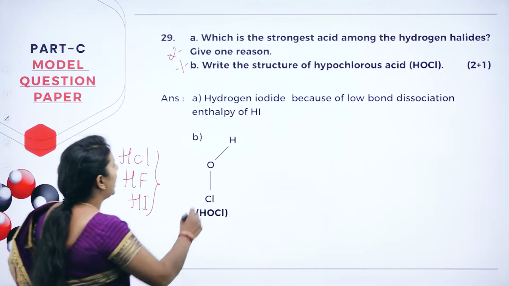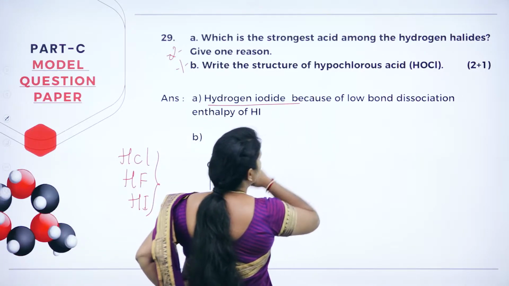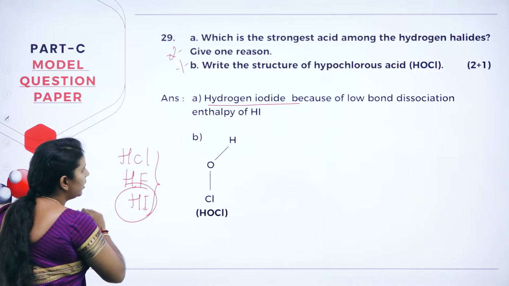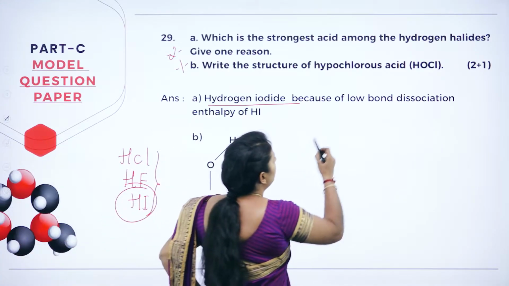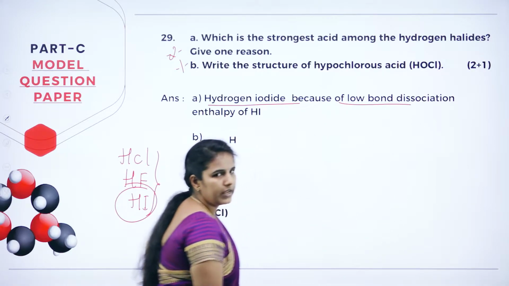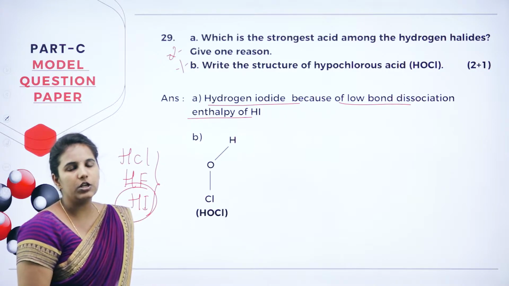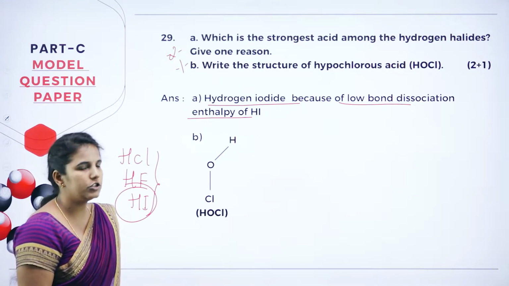Here, hydrogen iodide is the strongest hydrogen halide because of the low bond dissociation enthalpy of hydrogen iodide.